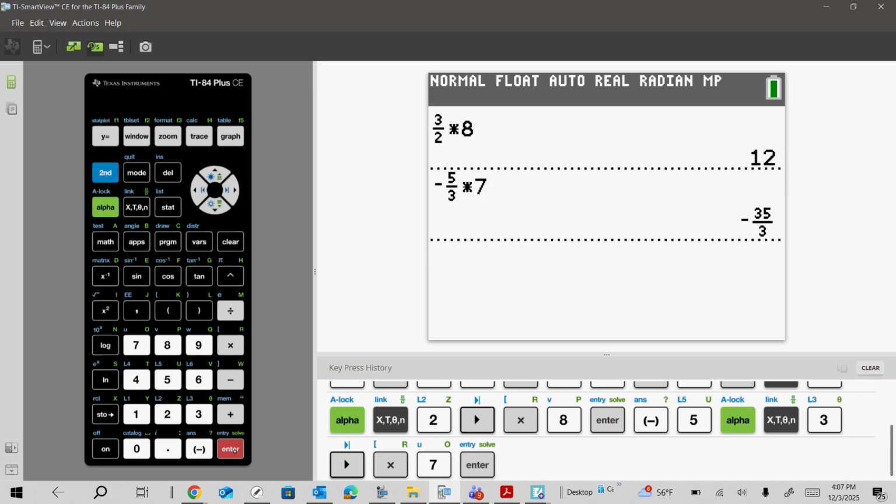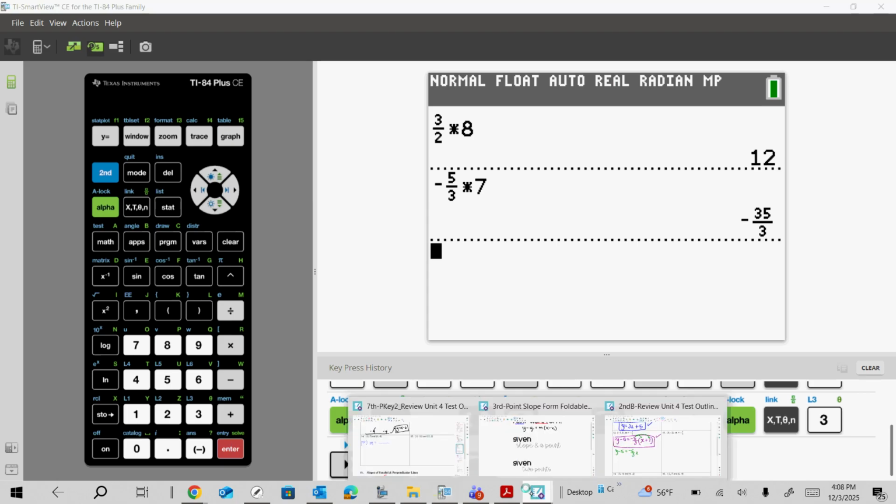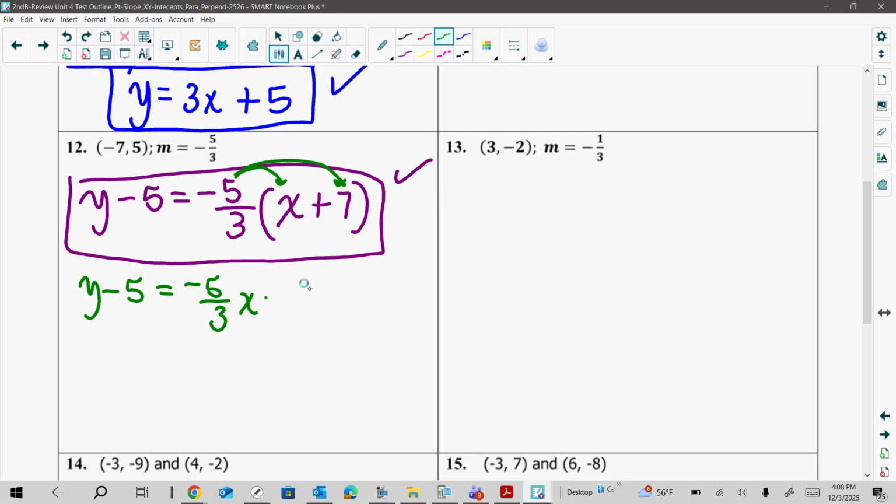We're going to keep it because we're still simplifying, and you could have a fraction as your y-intercept. So we're writing that as minus 35/3.